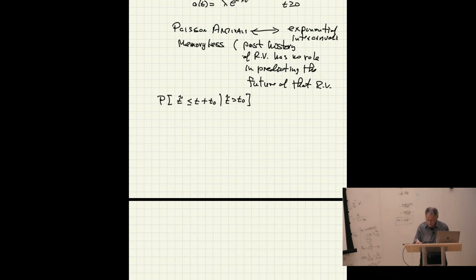Let's write this out. Using the definition of conditional probability, a good friend, before conditioning, this is the probability that t0 is less than the random variable t tilde, which is less than or equal to t plus t0. I have to divide by the condition, which is the probability that t tilde is greater than t0.